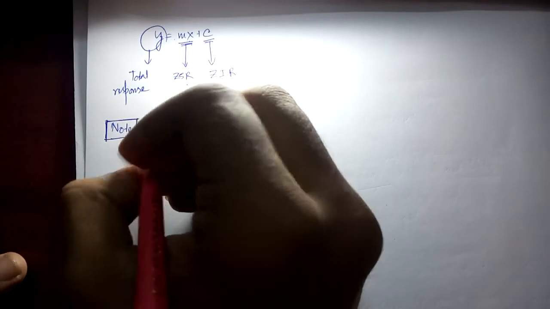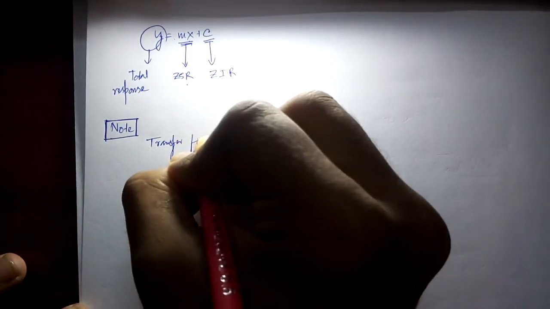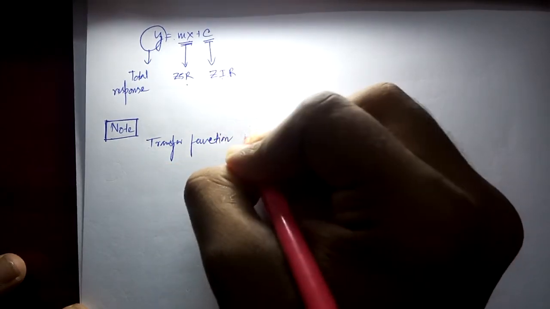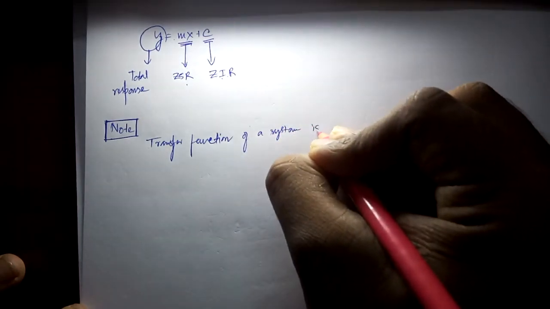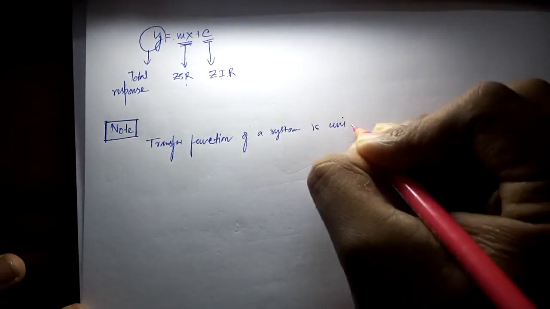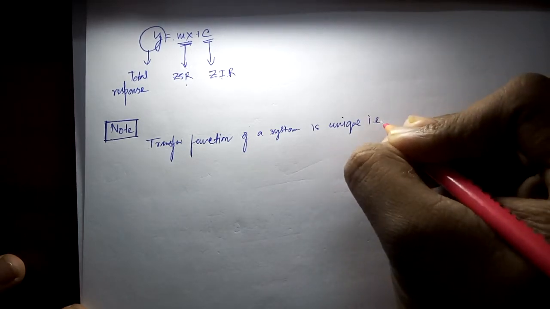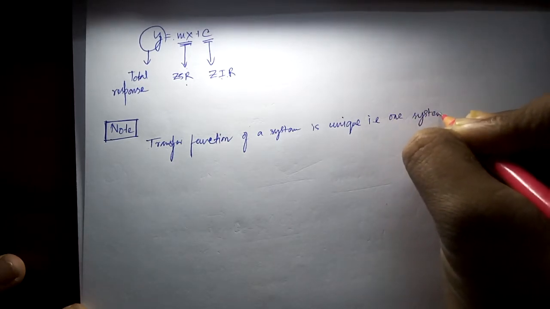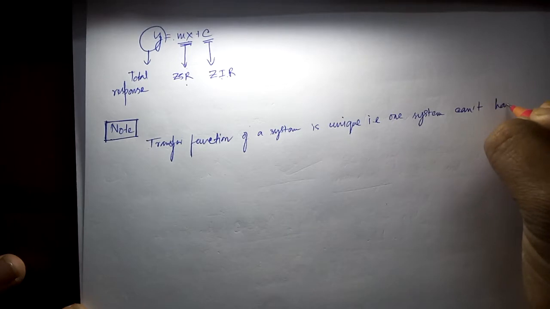If I write, you will understand this. Transfer function of a system is unique. That is, one system can't have two transfer functions.